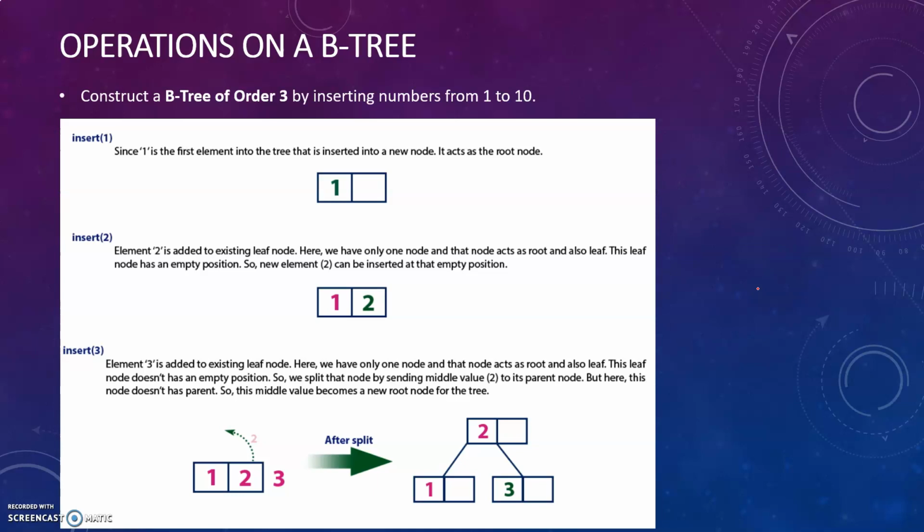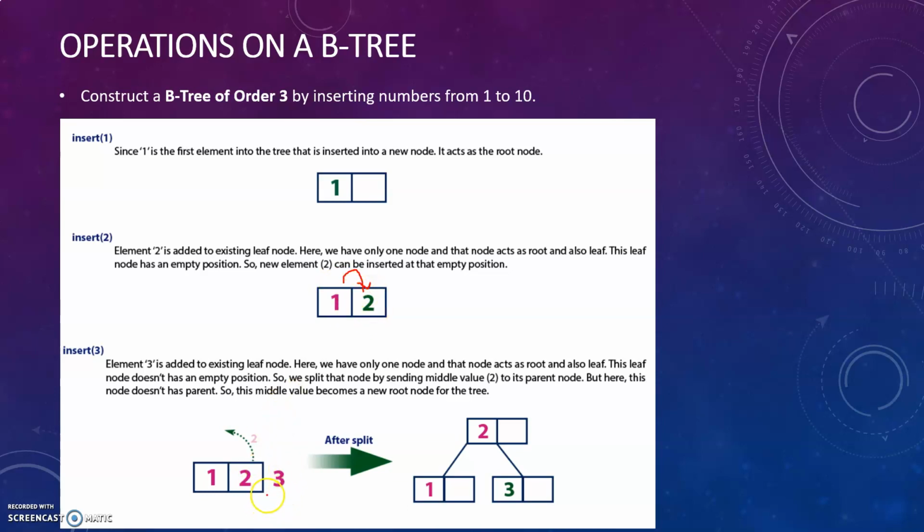So we can see an example here. First, I insert 1. The tree is empty, so you can directly insert it, and it's of order 3, which means at most 2 values can be there. So I've put a node with 2 slots, and 1 value is inserted as 1. Then I insert 2. Since 2 is greater than 1, and there is a vacancy on the right side of that node, you place 2 over there.